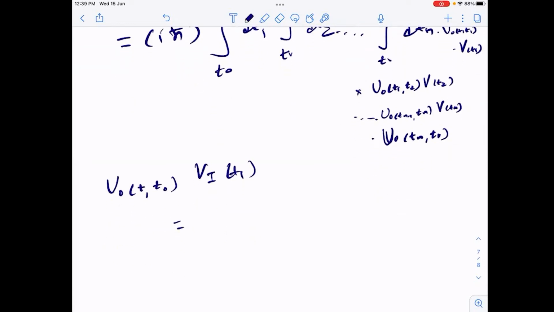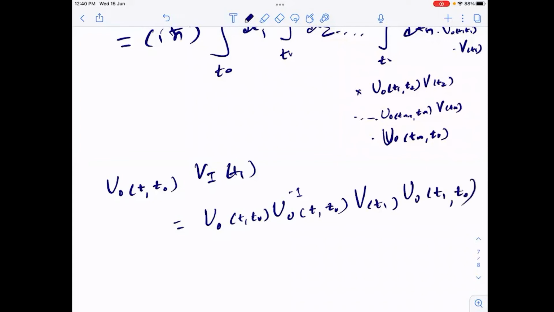It's again unitary operator, U0 T0, U0 inverse, T1 T0, VT1, U0 T1 T0. Fine. Now it is perfect.